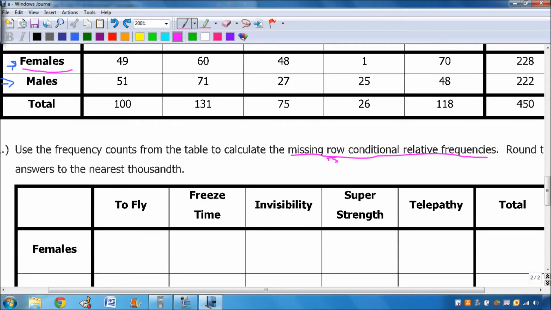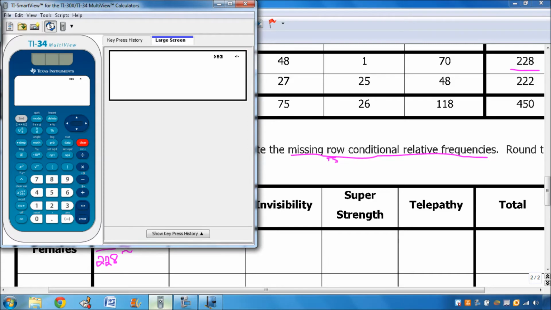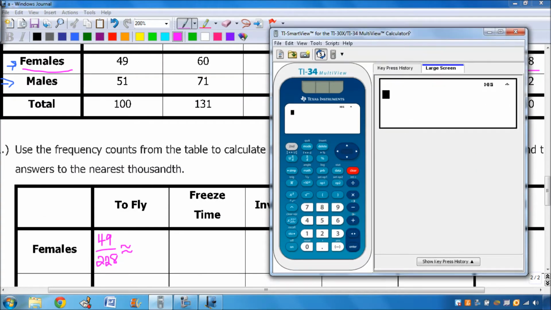All right, so how do I figure this out? Well, I know that 49 females chose to fly out of a total of 228. Okay, so that means it's going to be 49 out of 228, which gives me about 0.2149, and so on.